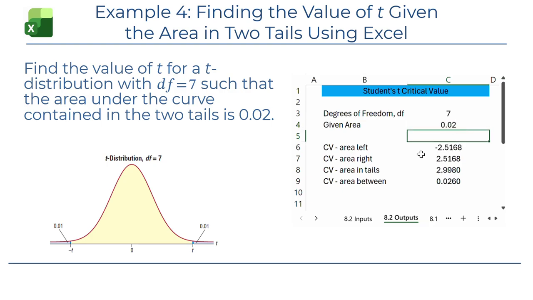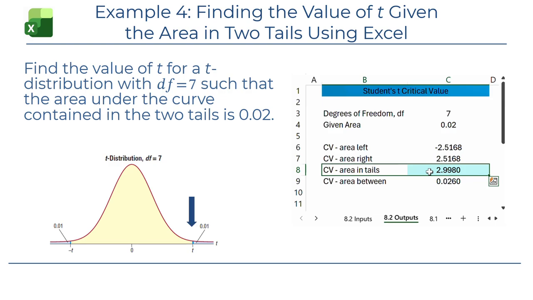And because we're told that it's the area in the tails, then we know that the critical value is 2.9980. And again, that would be the critical value on the right. The one on the left would be negative 2.9980 because they are the same. And again, what's the calculation there? We're going to take t inverse 2 tail of the given area, and comma the degrees of freedom.